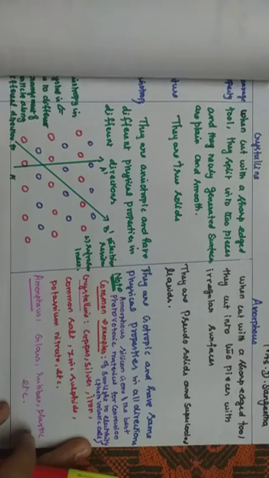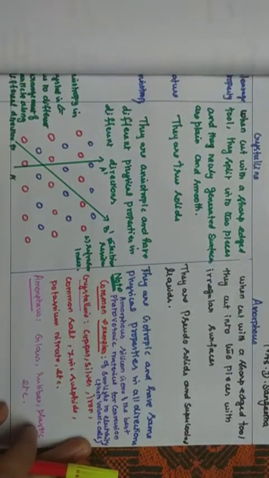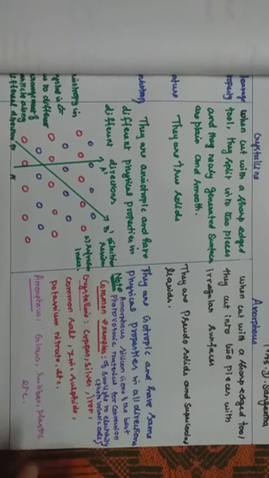Next difference is the cleavage property. Take one crystalline solid. When the crystalline solid is cut with a sharp-edged tool, it splits into two pieces, and the newly generated surfaces or planes are plane and smooth.